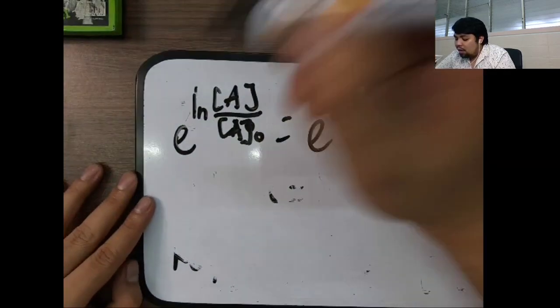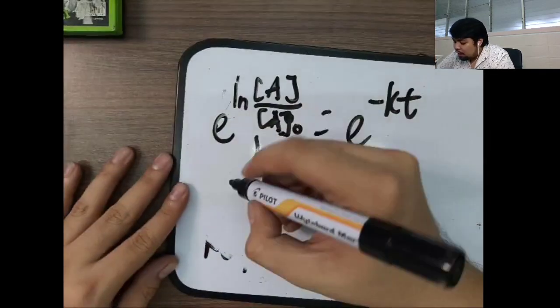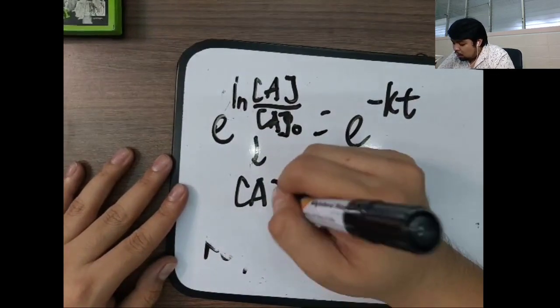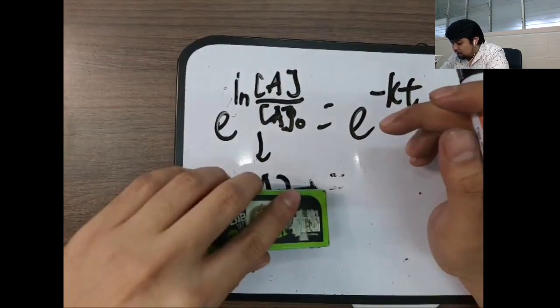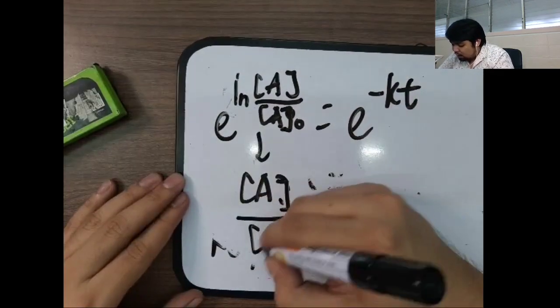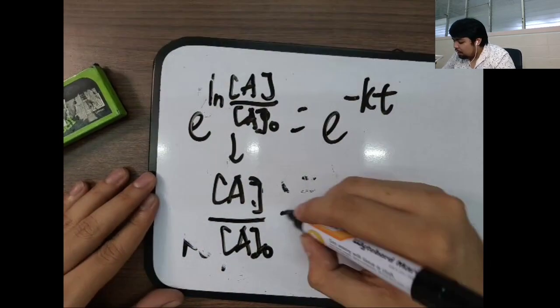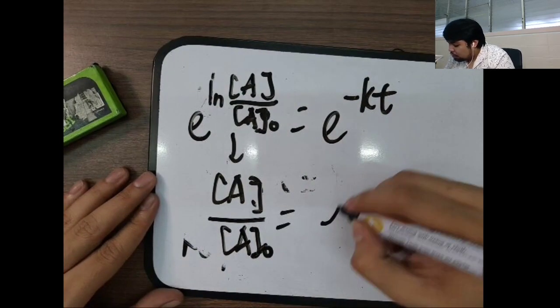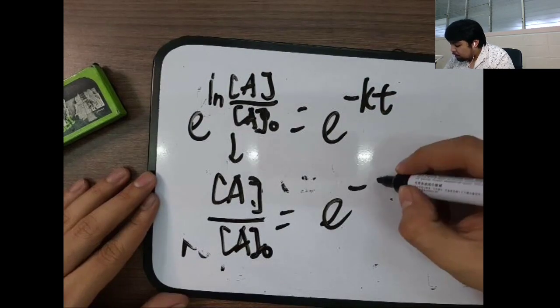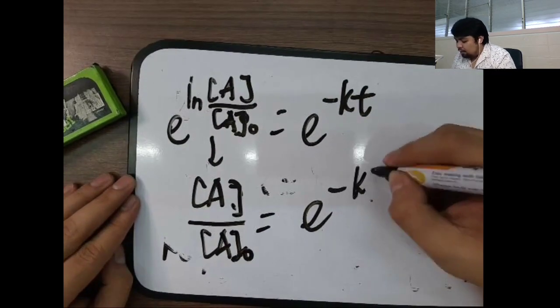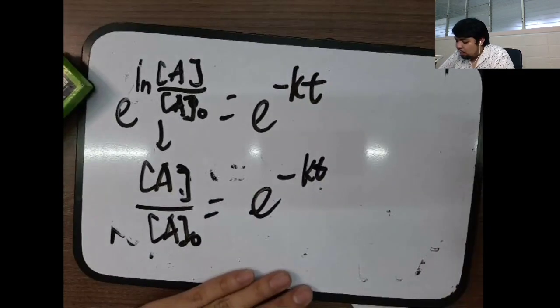So this will become A over A null, right? So this will be the natural number raised to the power of negative Kt. So transpose on the other side.